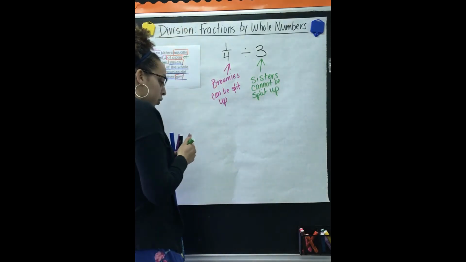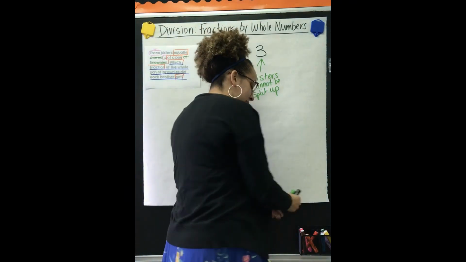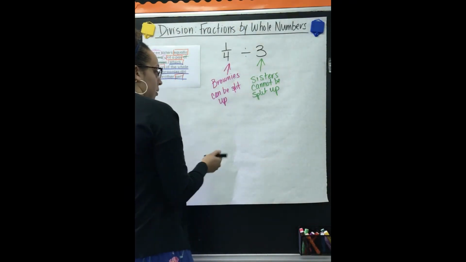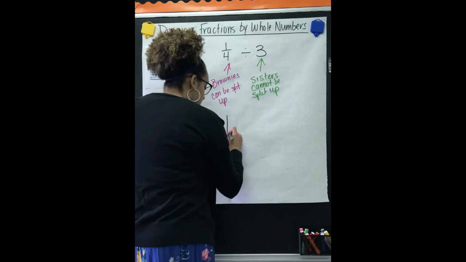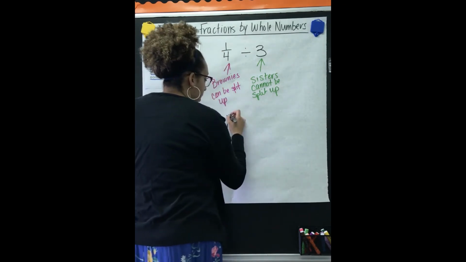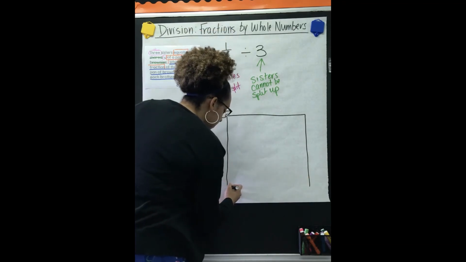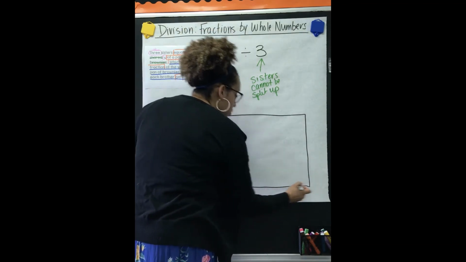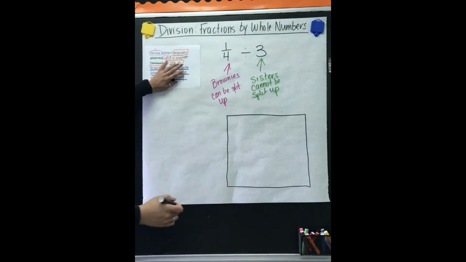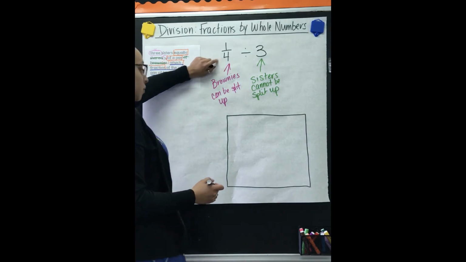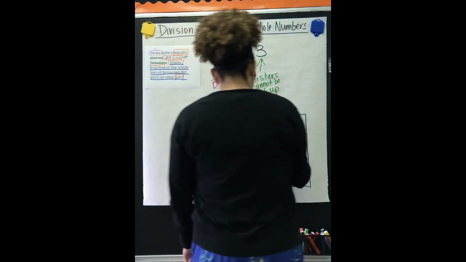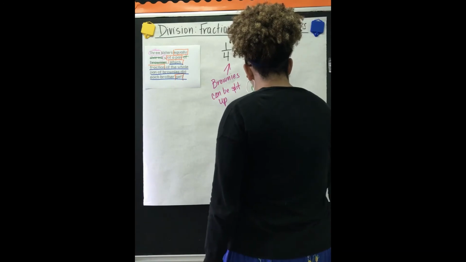All right, so we're going to model this, and you're going to see some similarities in our model to something else that we've done recently. So we're going to draw a giant pan of brownies. How much do we have to start with? We have 1/4. So we're going to split our pan into 4ths.